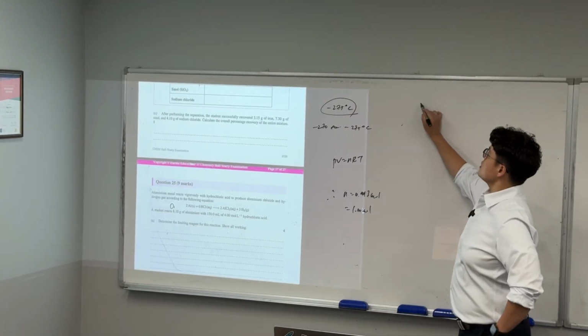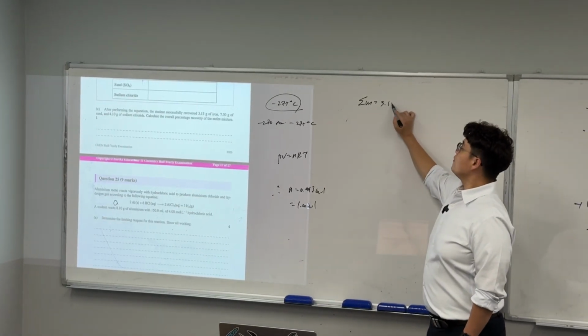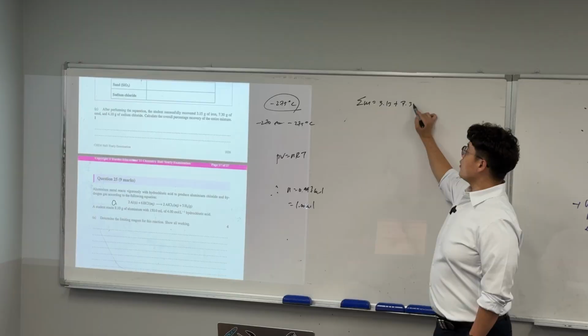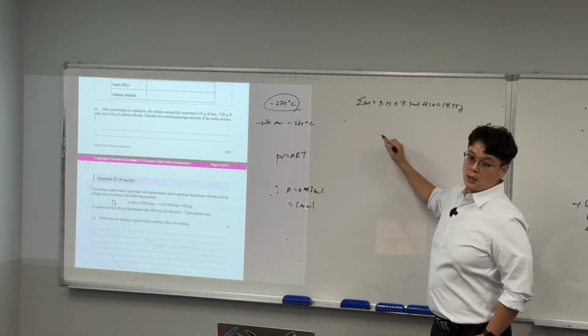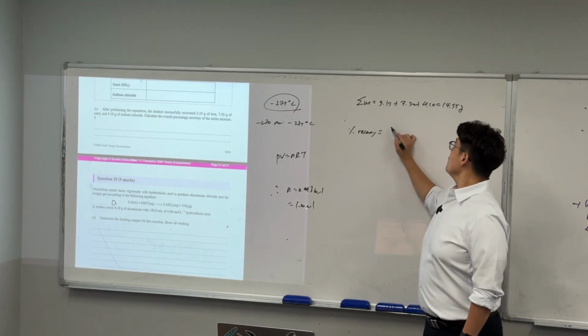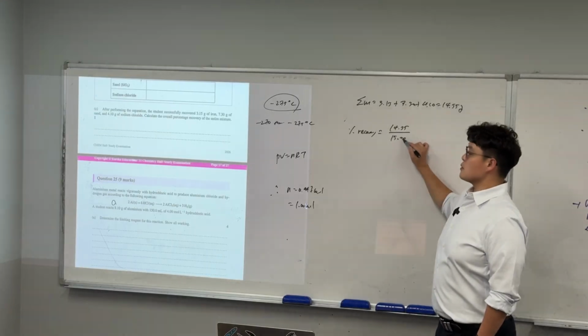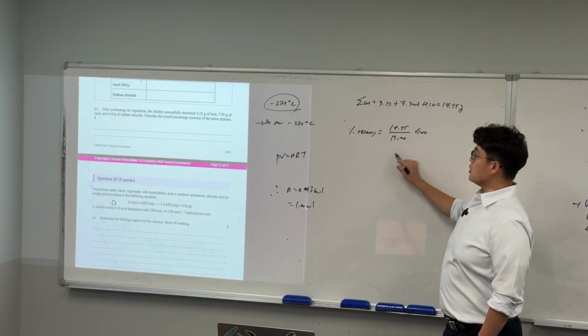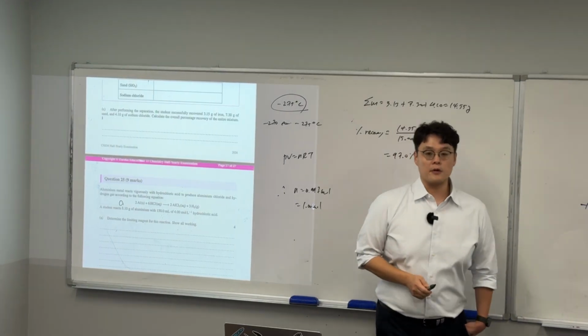The total sum of the masses is 3.15 plus 7.30 plus 4.10, giving 14.55 grams. The percentage recovery is then 14.55 divided by 15.00, times 100, giving about 97.0%. This is the amount of recovery.